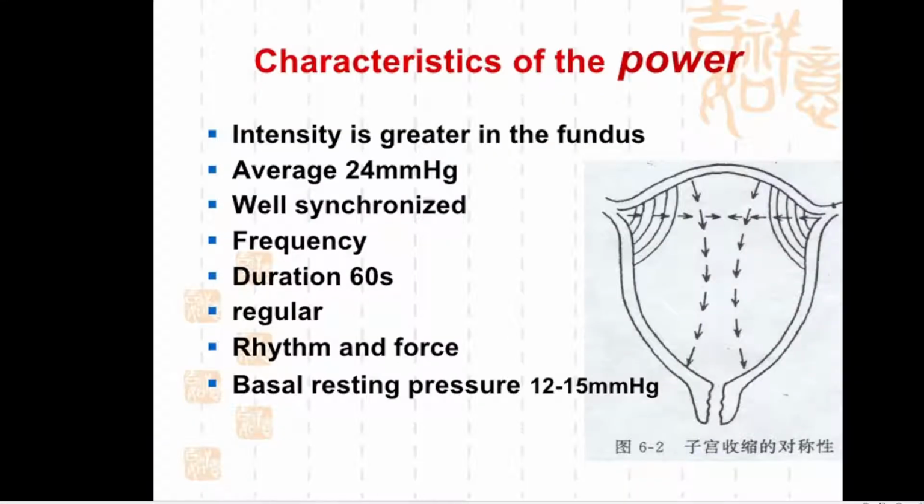And in this slide you can see characteristics of the power of the uterine contraction. Greater intensity in the fundus, average intensity of contraction 24, but more millimeter, until 60.